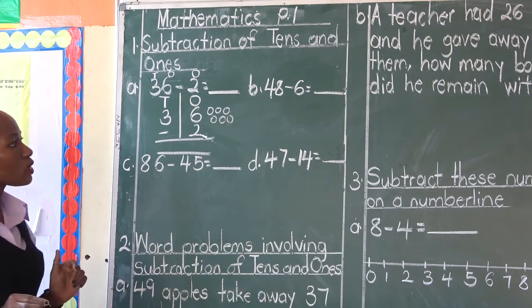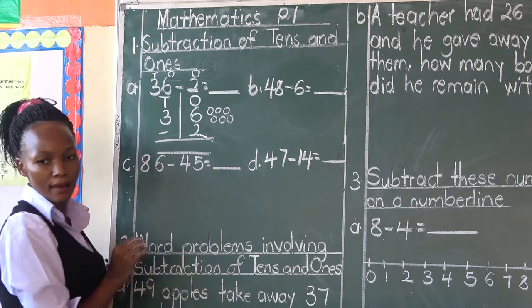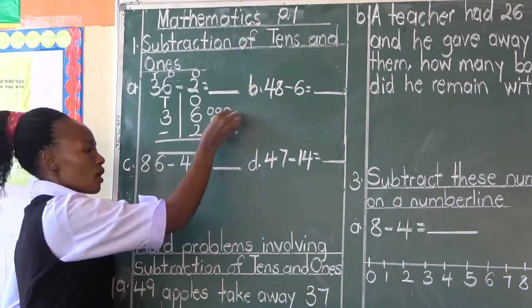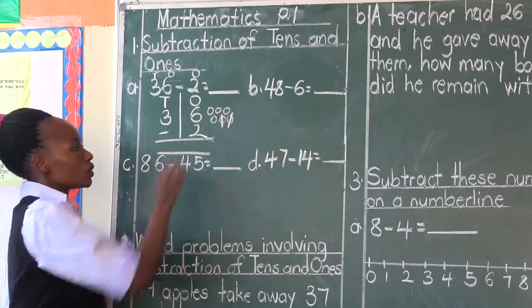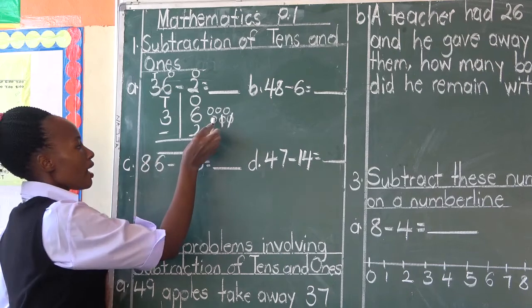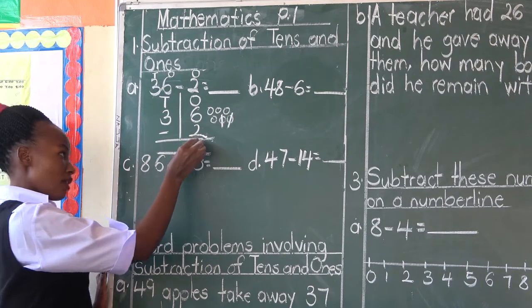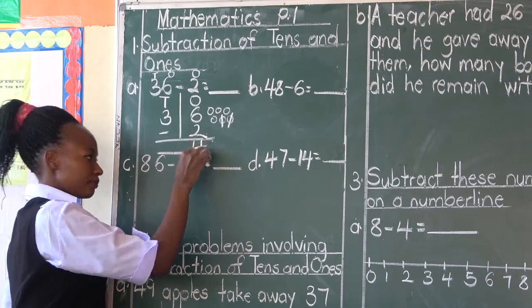After drawing the 6, we are going to cross out number 2. 1, 2. After, we count the remaining balls. 1, 2, 3, 4. Then we write our 4 under 1 nose.